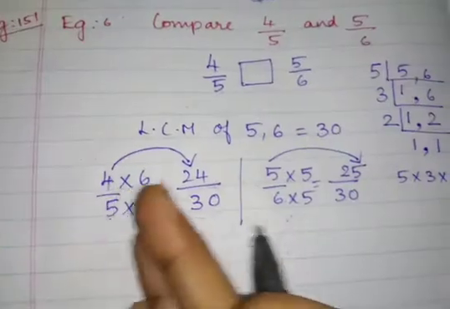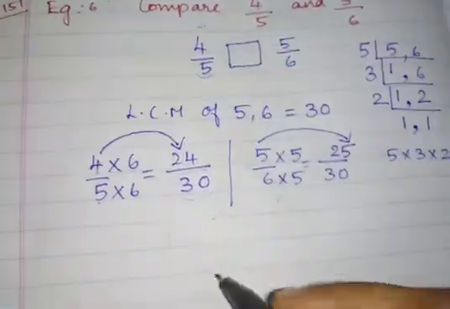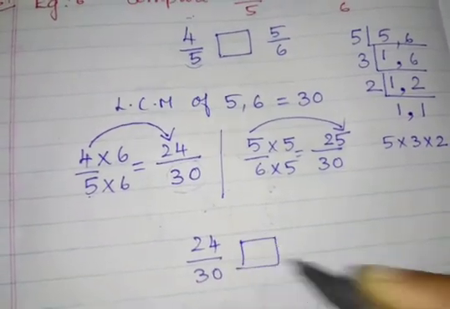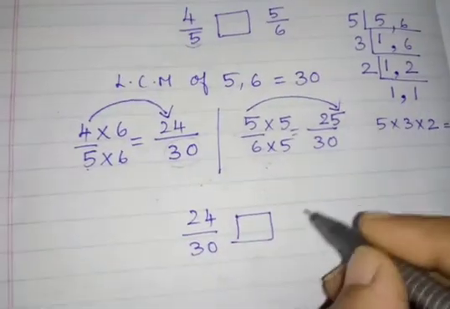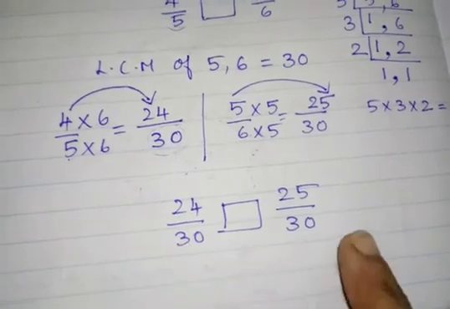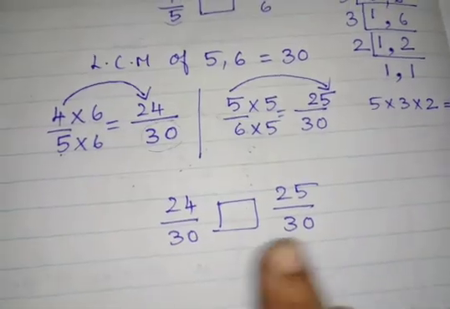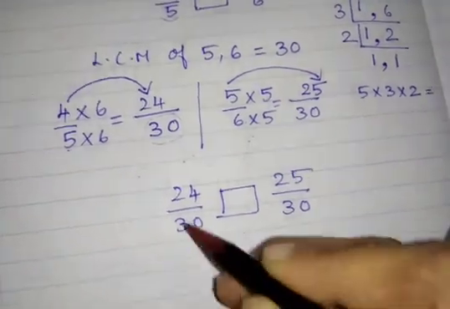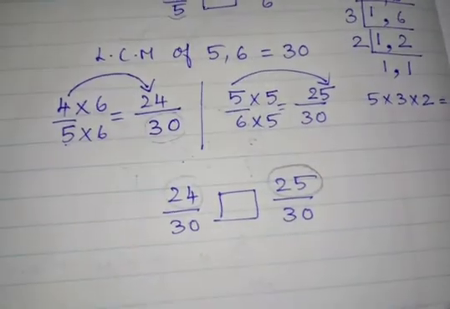So both the fractions have been changed. Instead of 4 by 5, what will you write, children? 24 by 30. Then instead of 5 by 6, you will write 25 by 30. Now check: both are like fractions. Yes, of course. If it is a like fraction, you can compare only the numerators.